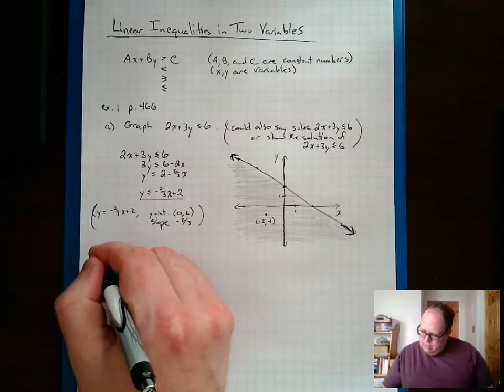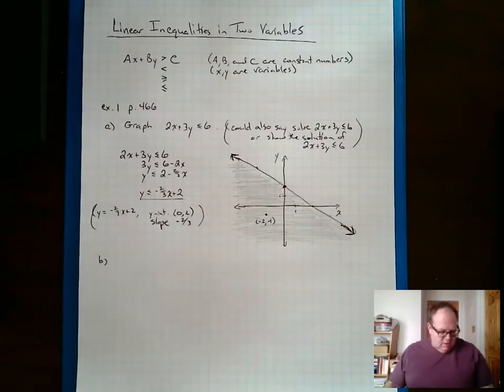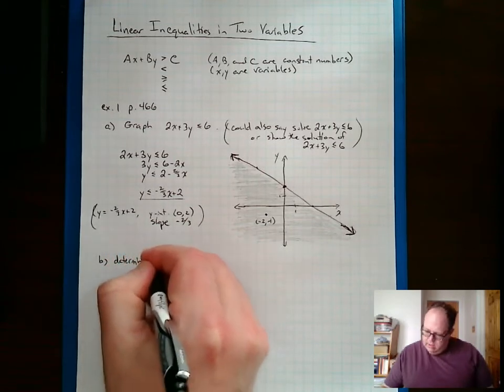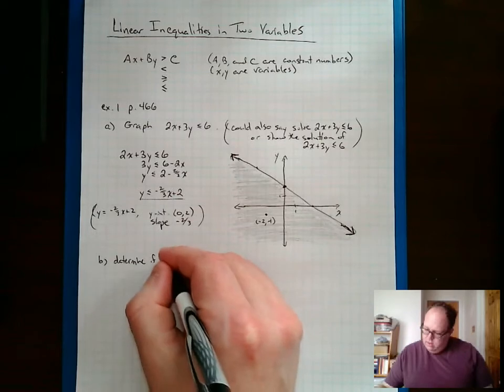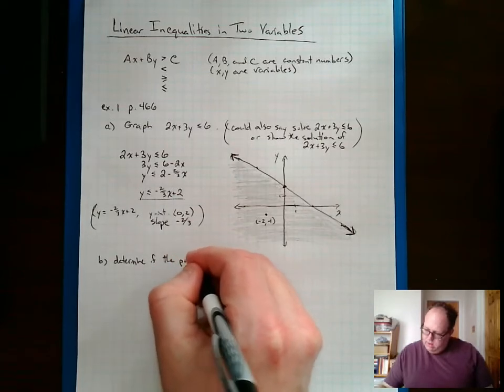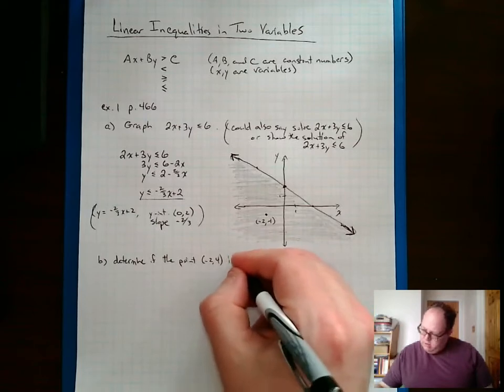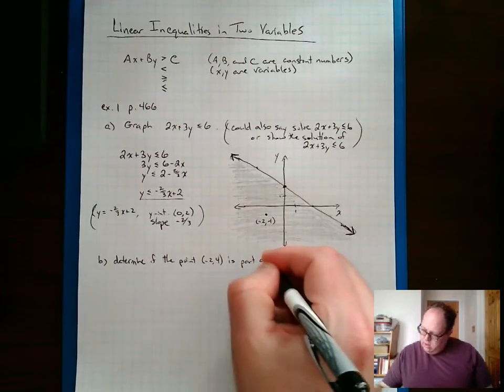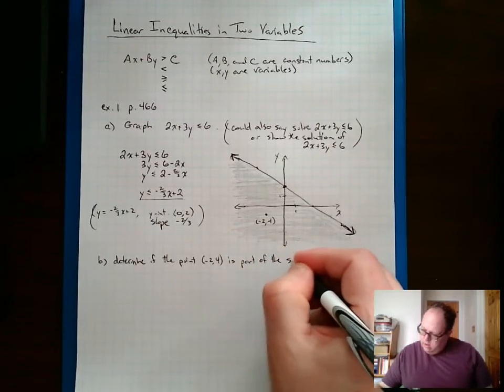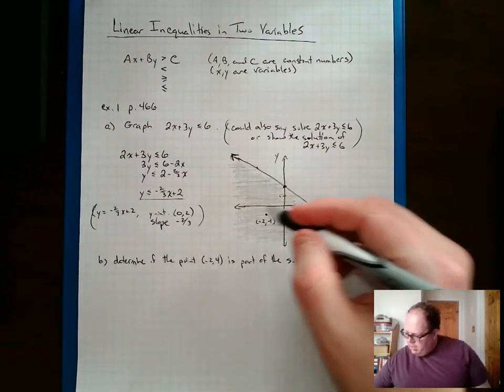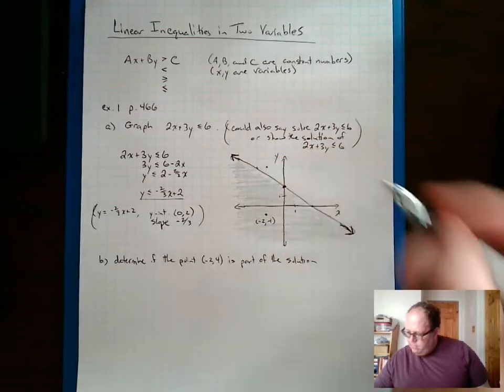Part B of that same example says determine if the point -2 and 4 is part of the solution. Since I have already graphed it, I can show where -2 and 4 is on the graph.